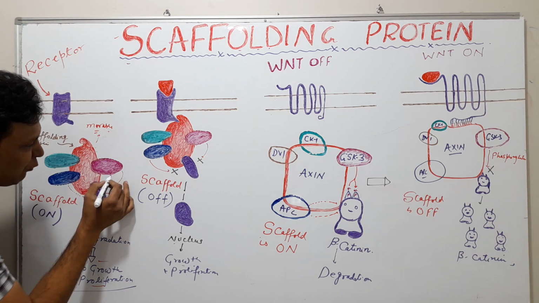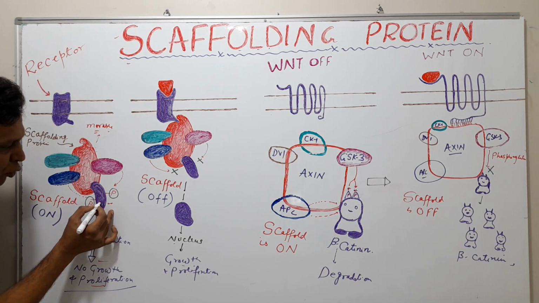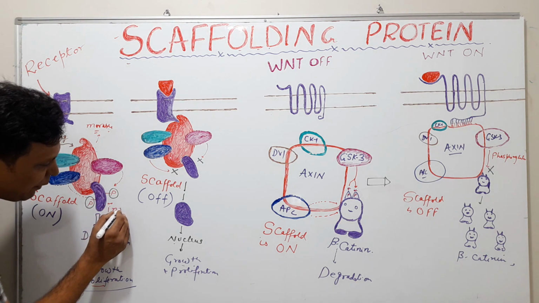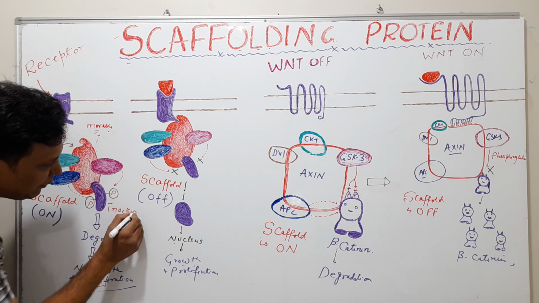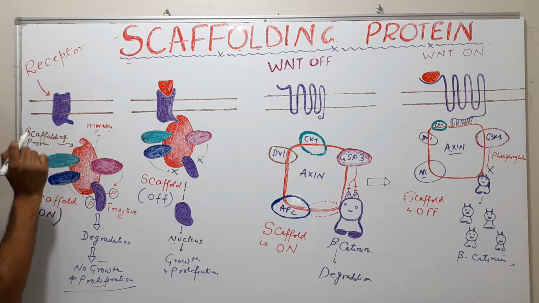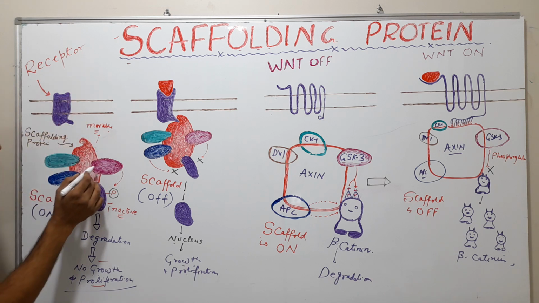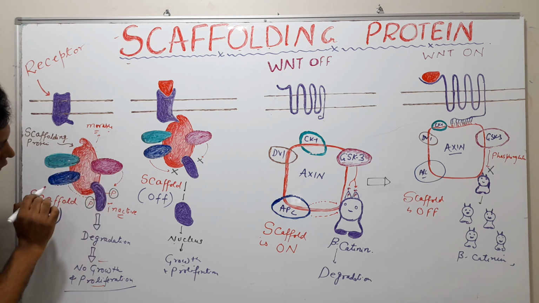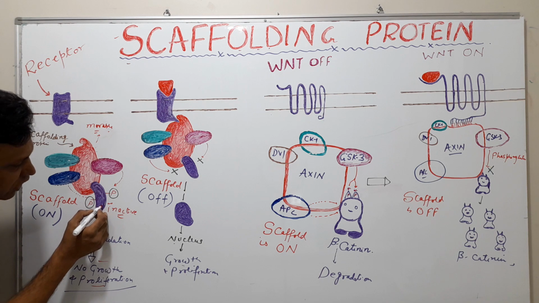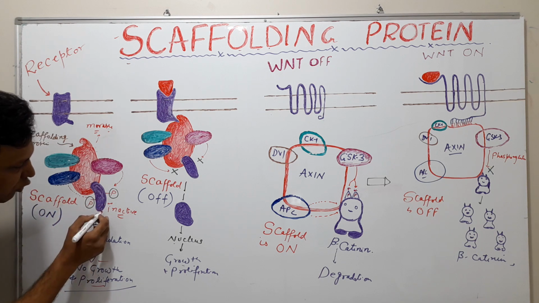And this kinase molecule phosphorylates this protein and keeps it inhibited. It becomes inactive. In the absence of signal, this is the receptor and there is no signal. When there is no signal, these protein kinases, part of this scaffolding protein, phosphorylate this protein which is responsible for growth and proliferation.